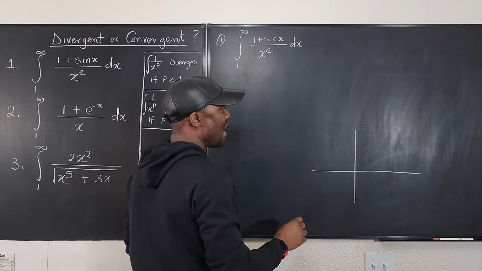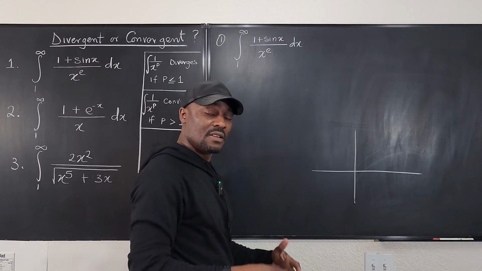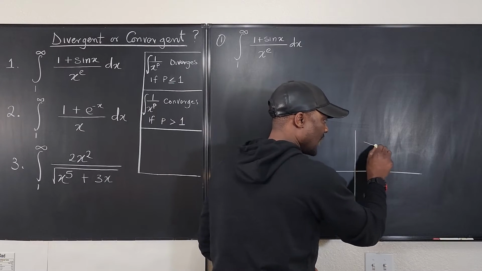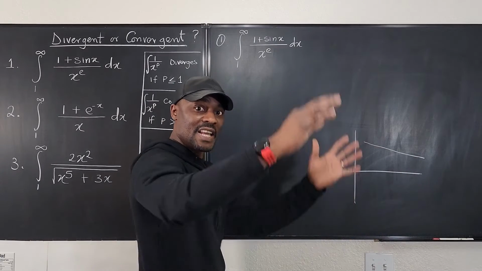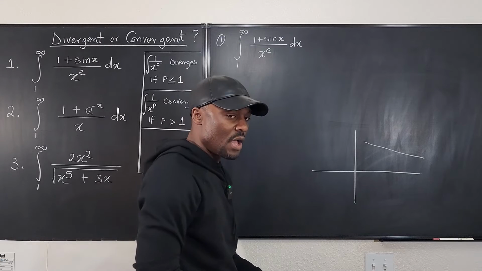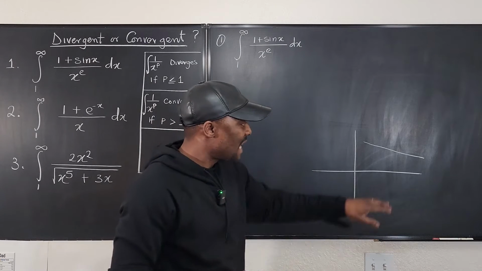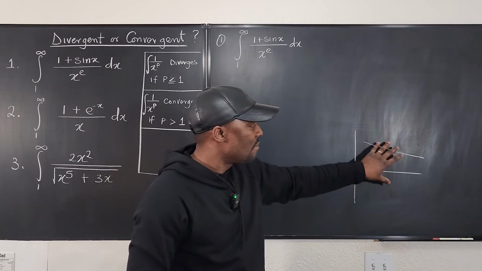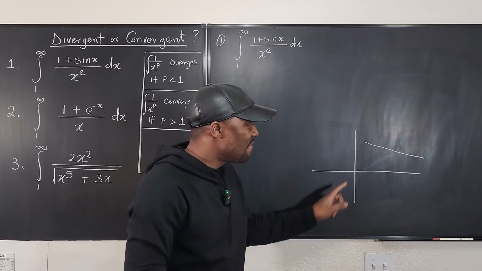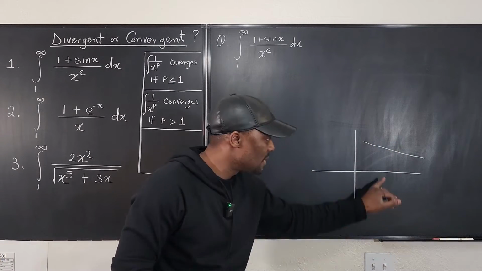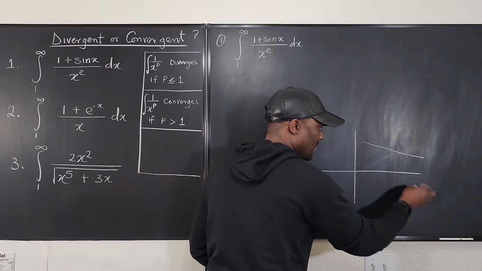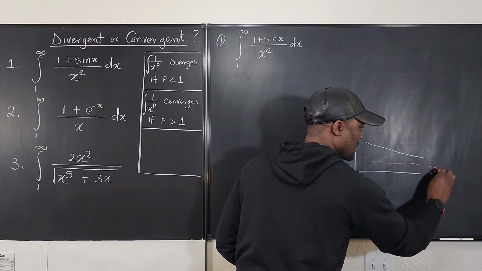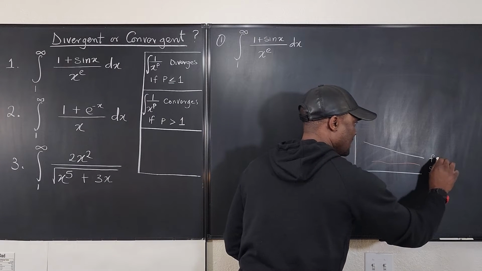If I plot the graph of a convergent function, let's say a function goes like this. It is not increasing, okay? All I need to show is that because the area from here to here is finite, if I can find any function under this one, so let's say I have another function like this, so that this is g of x and this one is f of x.